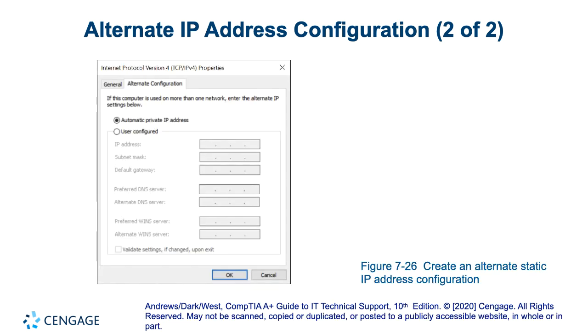So here's an example of the alternate configuration. You have the automatic private IP address, or you can use the user config address. And you just put in the information.